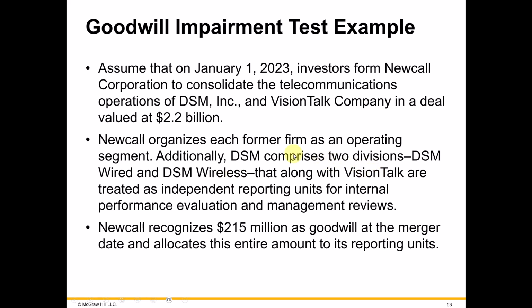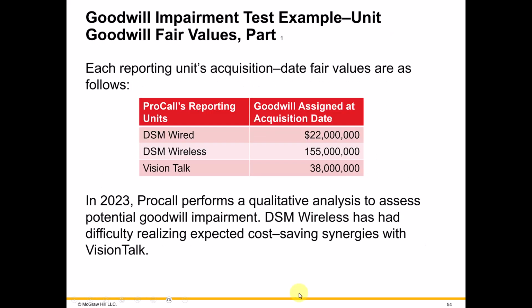Each has to be allocated its share of the overall consolidated group's goodwill asset. And this is the total goodwill for the whole company. And here on the next slide, it shows you the allocation of that overall amount to the different reporting units.